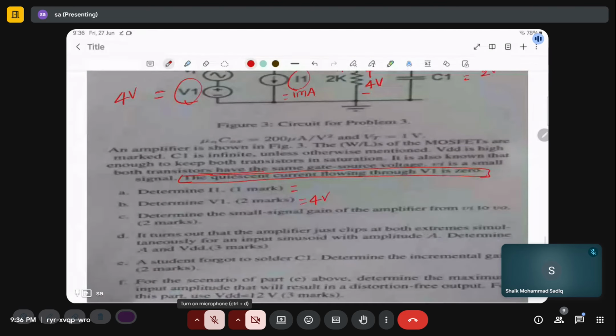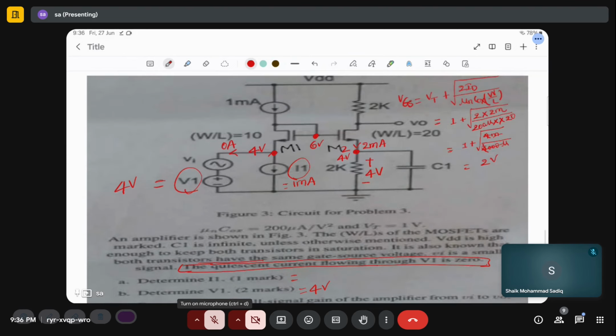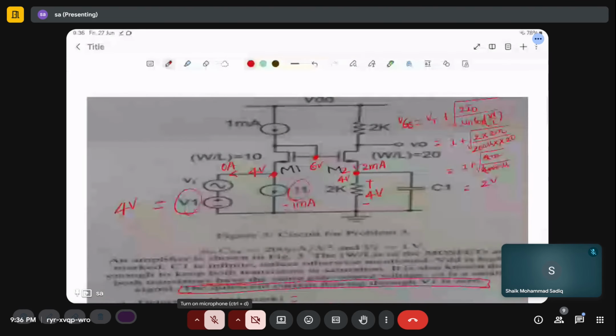Next, what they have asked is to determine the small signal gain of the amplifier, Vo by Vi. Now how to solve this? This is 1 by gm.